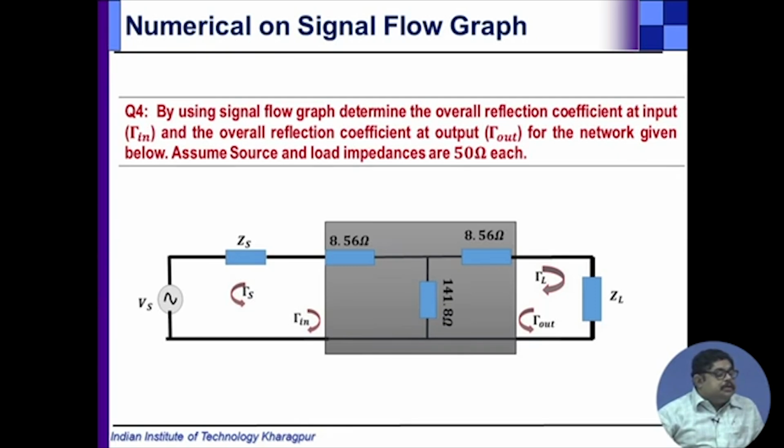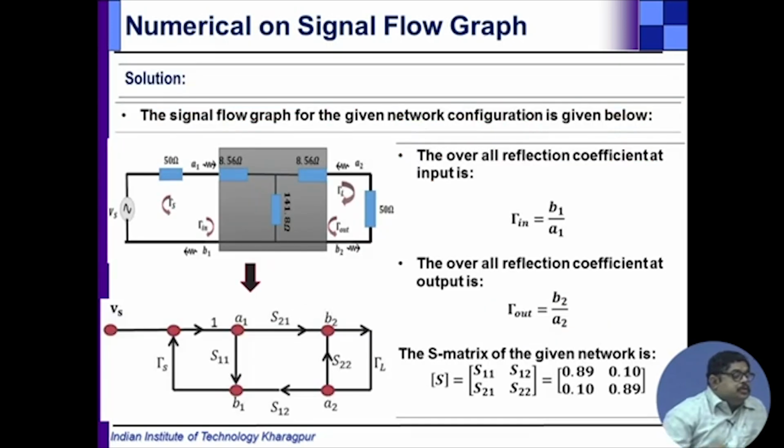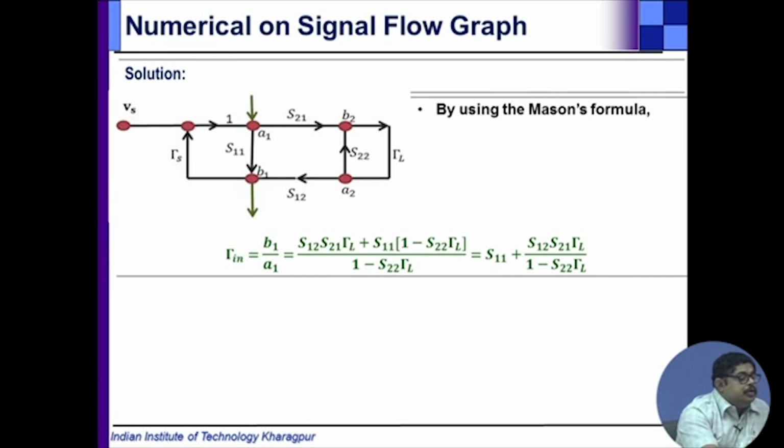Source and load impedances are given to be 50 ohms. The S matrix of the network we have earlier found out, and you can just see from there that the S matrix of the 2 port network will be like this, 0.89, 0.10, and the graph we have shown.